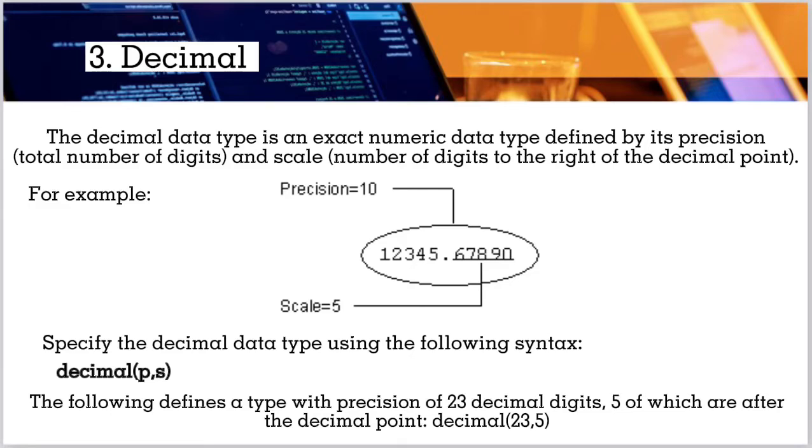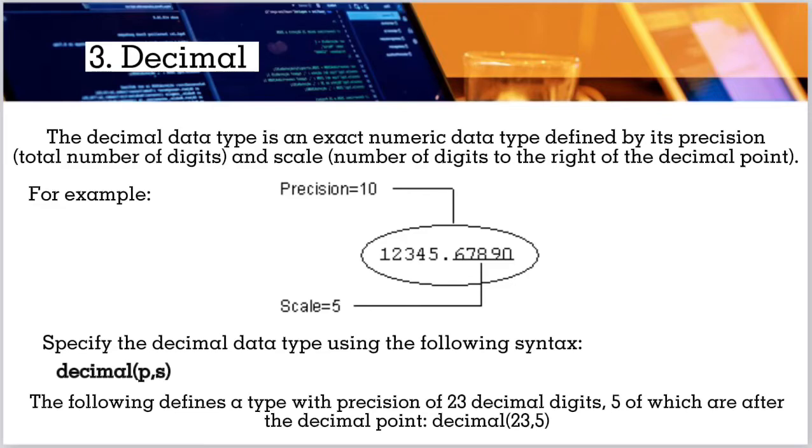For display purposes, an accuracy sign cannot be specified for decimal values. Specify the decimal data type using the following syntax: decimal, open parentheses P and S, close parentheses. The P defines the precision, which is a minimum of 1 and a maximum of 39.